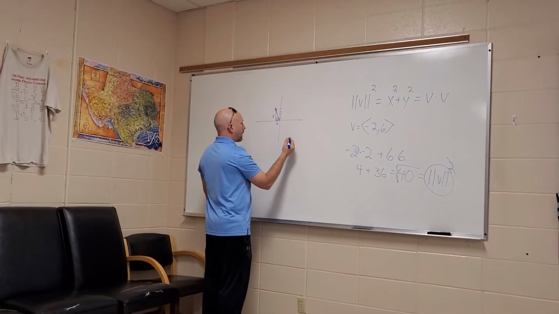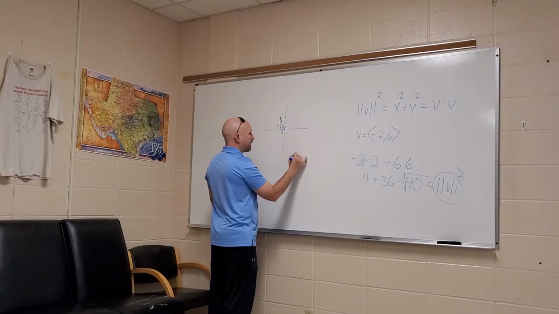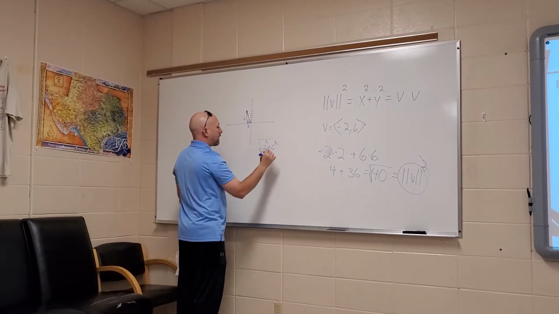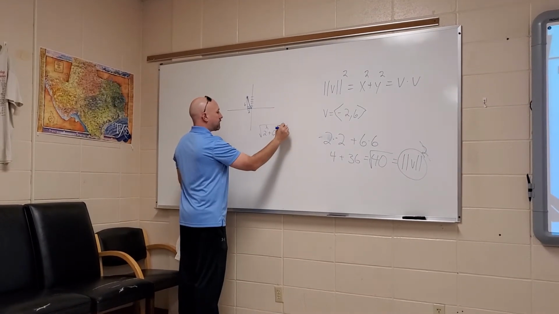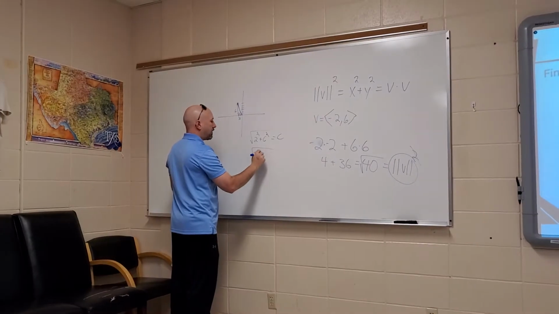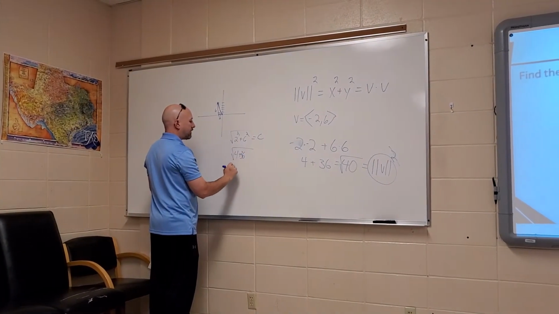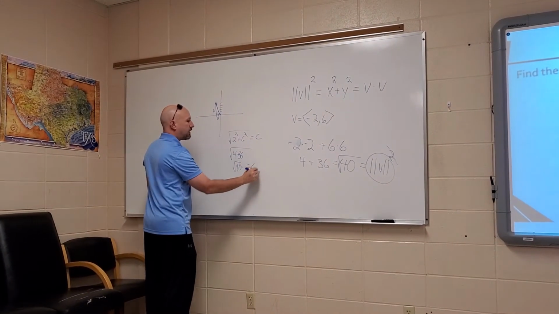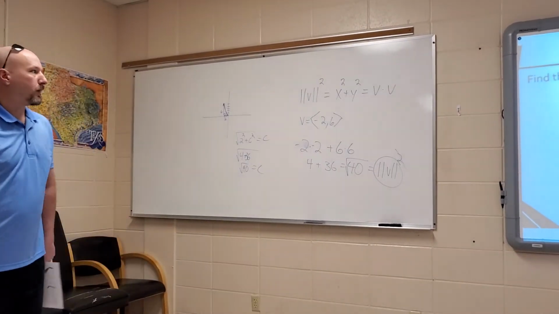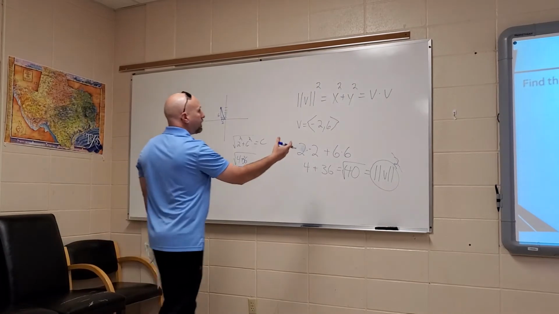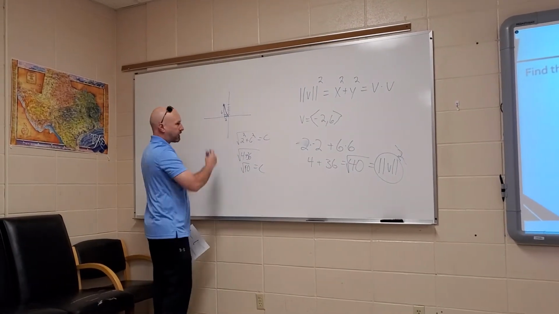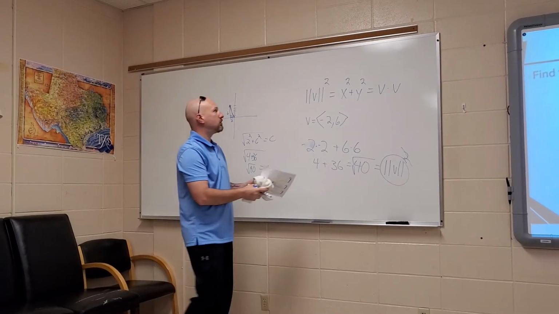So the hypotenuse, 2 squared plus 6 squared, and the square root of that equals c, the hypotenuse. The square root of 4 plus 36 is the square root of 40. Hey, look, it works out. So it's just another way of finding magnitude using the dot product rather than Pythagoras.